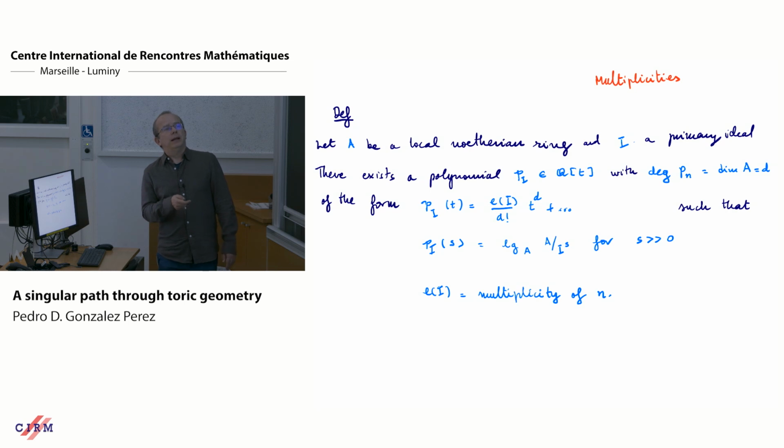But before, let us recall the notion of the multiplicity of a primary ideal in a local noetherian ring.